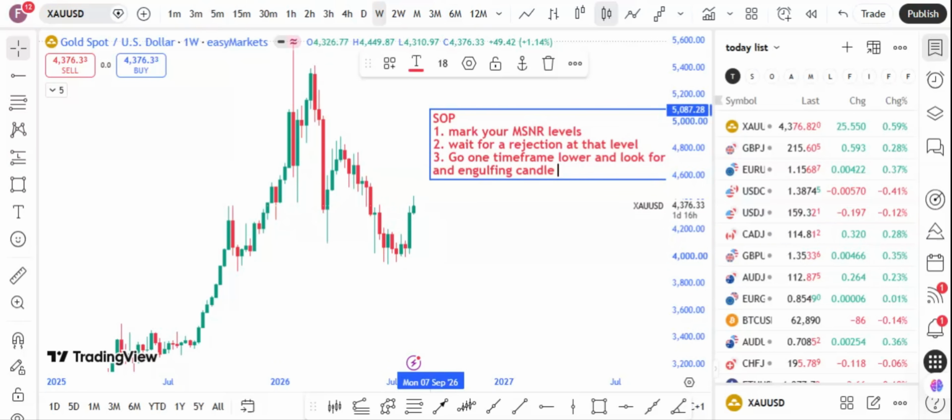Once you see that, you can now decide your direction. Once you see it on one time frame lower, your directional bias is set.